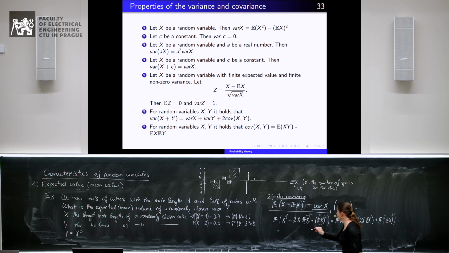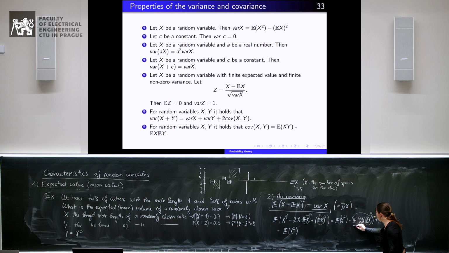So it is the expected value of x squared minus, and now look, this is the constant, so it can be in front of the whole expected value.